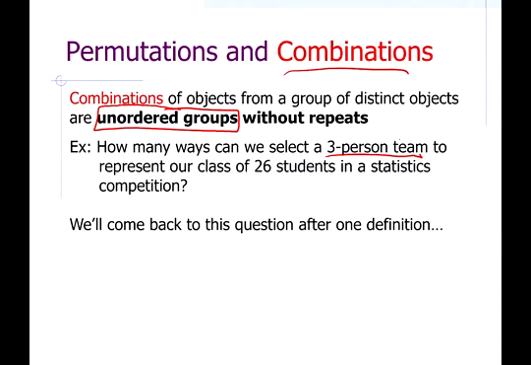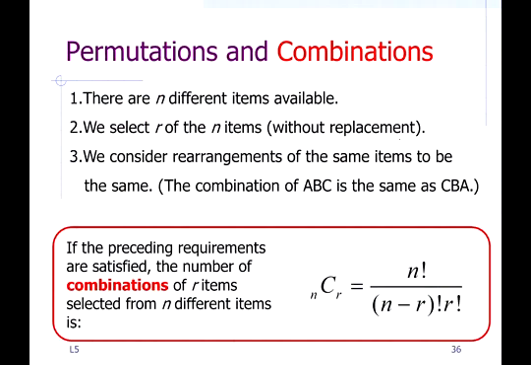So the difference here is we're not selecting a president, a vice president, and a treasurer. We're just picking a committee or a team of 3 students. So before we solve this, one quick definition, more like a formula than a definition. So combinations, out of n objects, we're picking r of them, no replacement, no repeats.